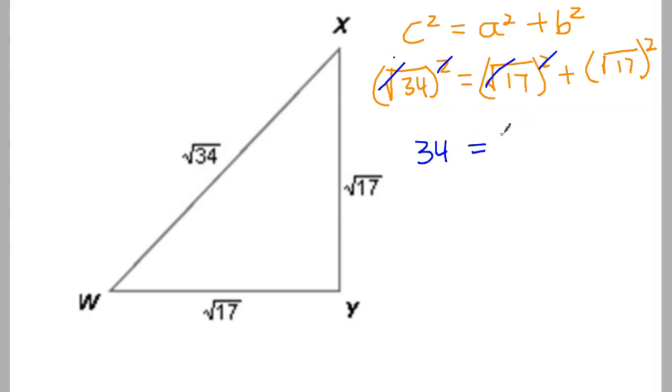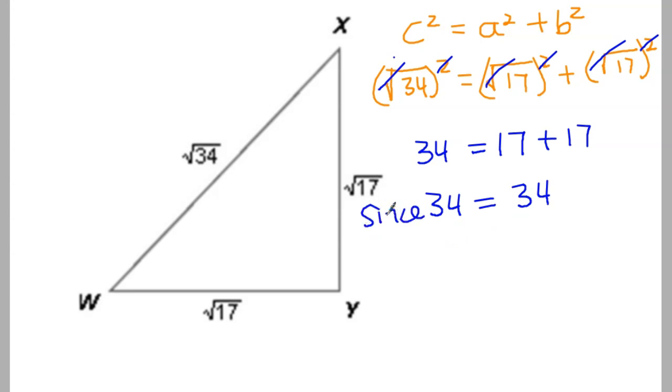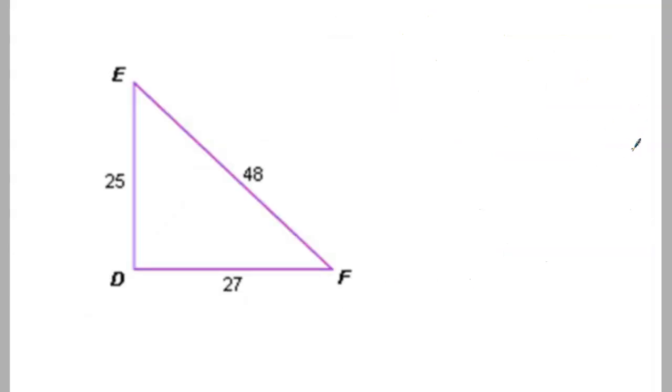Let's get this away, we get 17. Let's get this away, we get 17. Okay, so since 34 equals 34, it is a right triangle. 90. Okay, see if you can do this one.